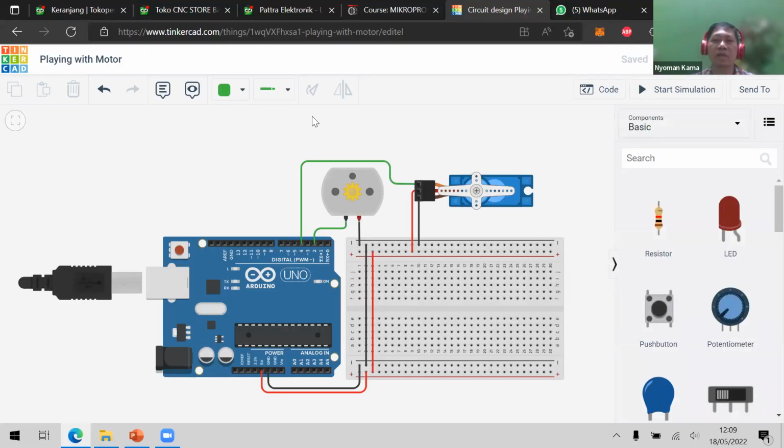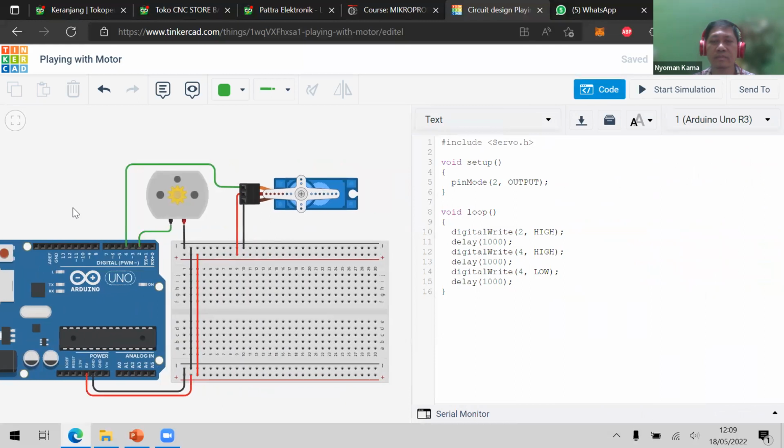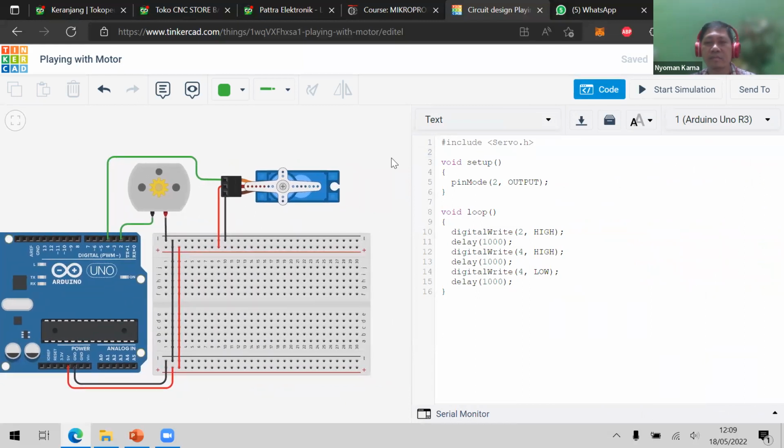Now, what is the difference between the DC motor and the servo motor? Based on the code, you can see that we only need to set up pin mode for pin number 2 as output.